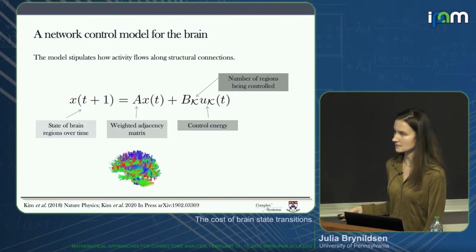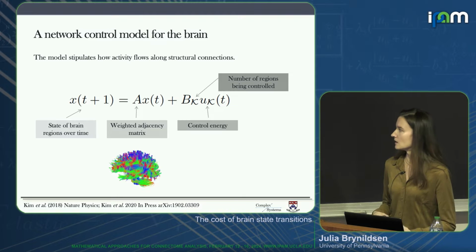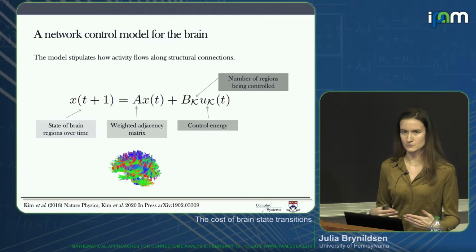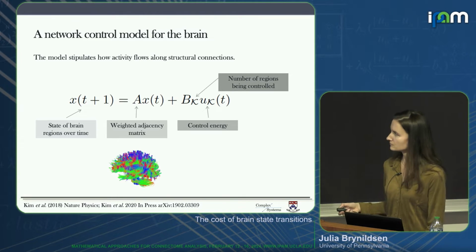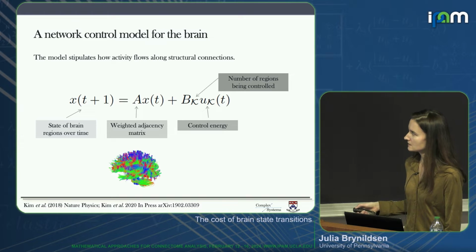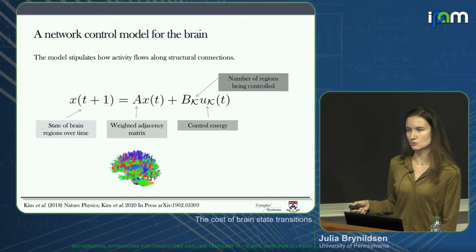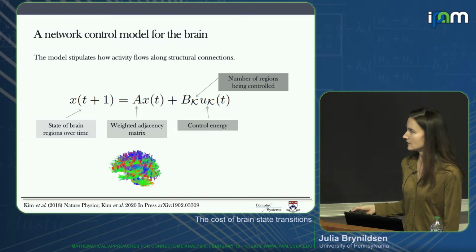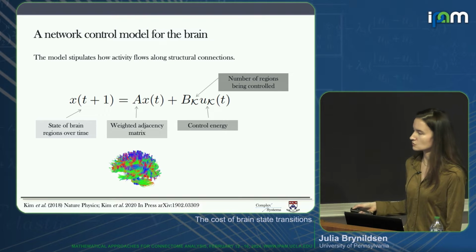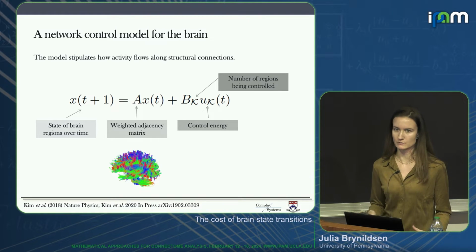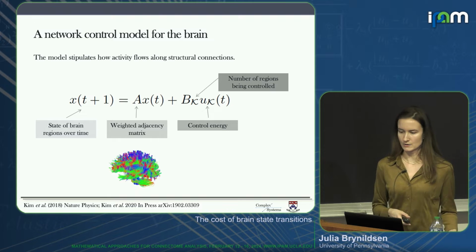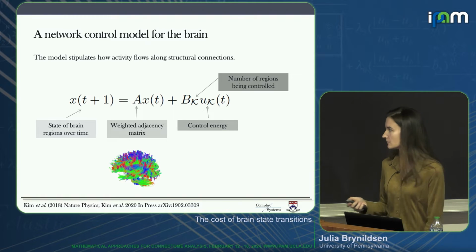X of t represents the state of the brain across time, and is essentially a vector of neural activity across the whole brain. B is the number of regions being given control input. And then U is the control energy, or the amount of control input required to drive the brain from one state to another.